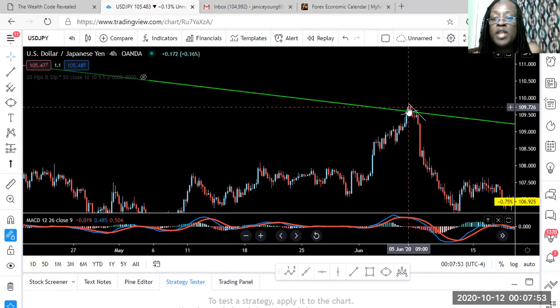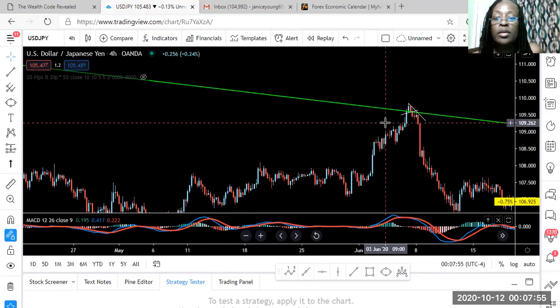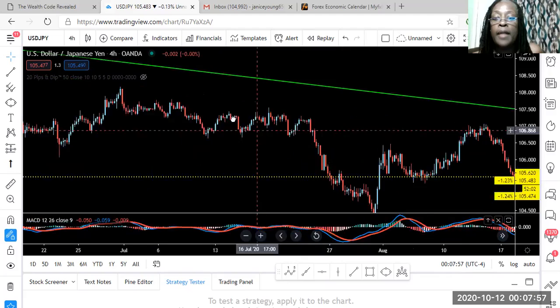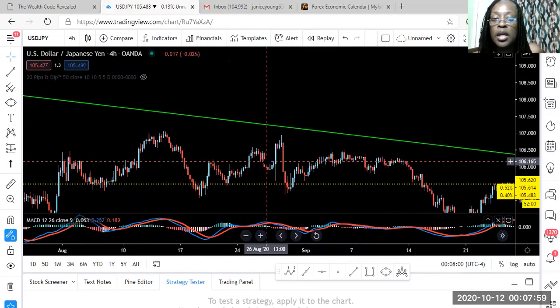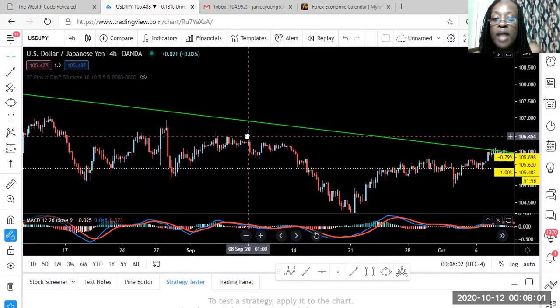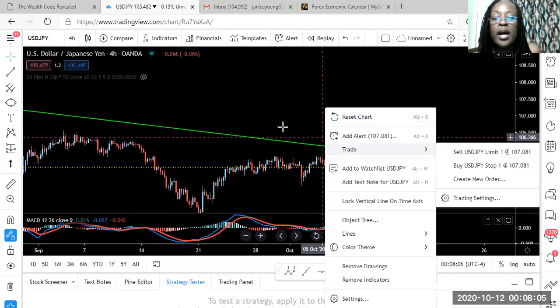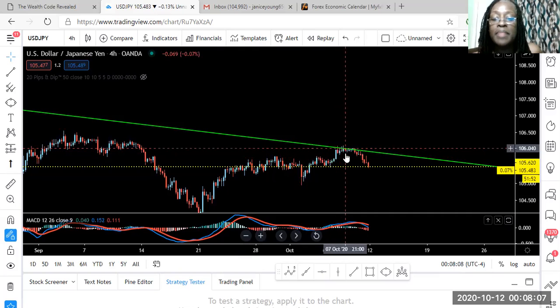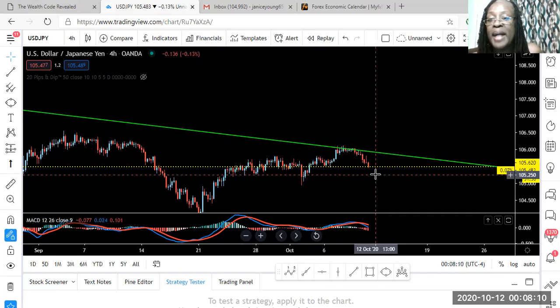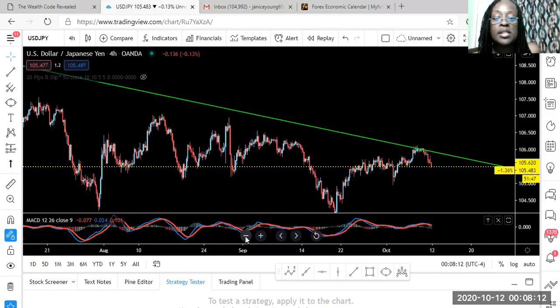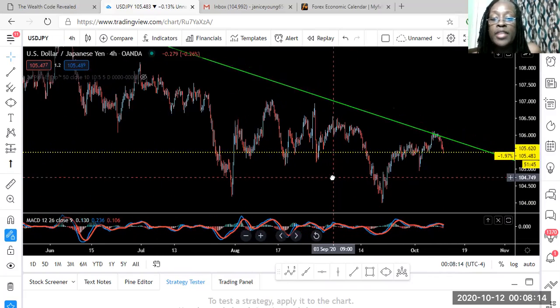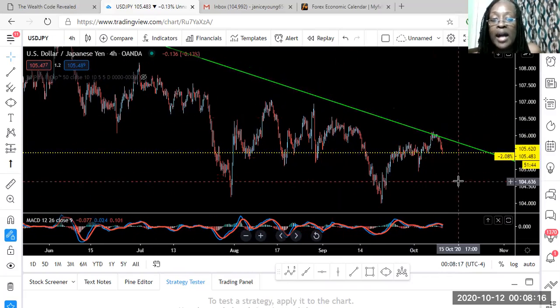But you can see price pushed back down. Okay, and then it got a little close and reacted, pushed back down, and now we're here in the same area. And what is price doing? It's doing the same thing it did previously. It's pushing back down, and so it's still respecting this weekly trend line.